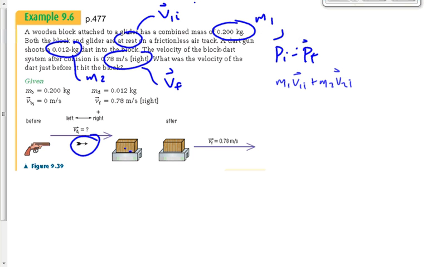M1 V1I plus M2 V2I equals, how many objects do we have after the collision takes place? 1. So let's just say MVF this time, not M1 V1F, but just MVF, the mass of the system combined times the velocity of the system combined.